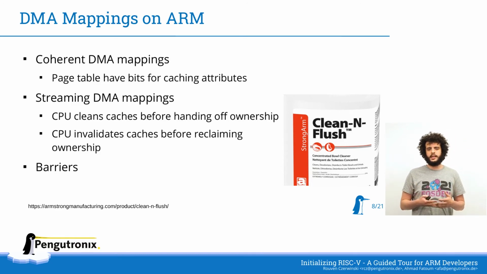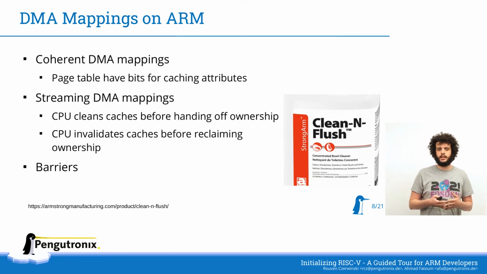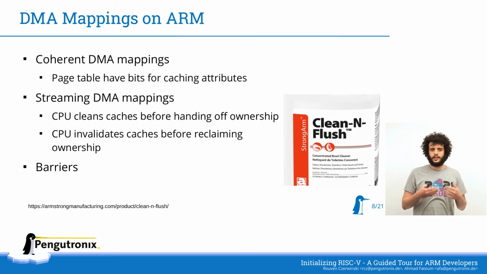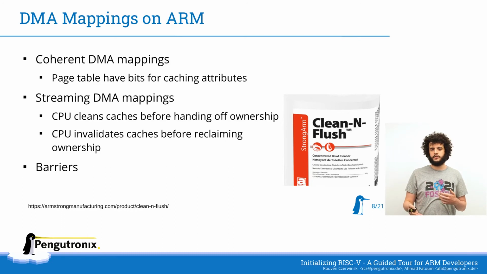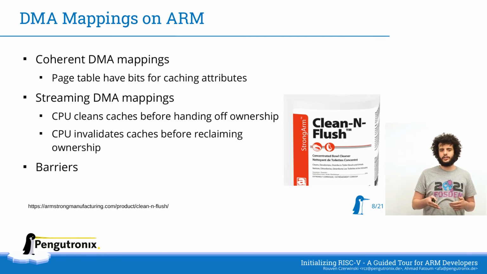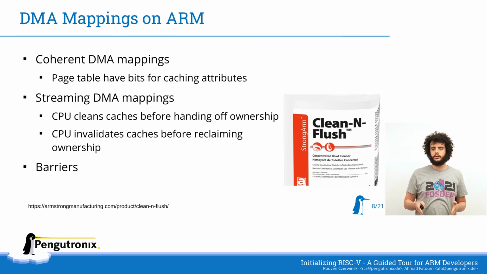Then you have streaming DMA mappings, and these you can implement using cache maintenance operations. So once the CPU is done with a memory buffer and it wants to pass it to the hardware, hand off the ownership, what does it do? It cleans its caches. So all data is flushed out to main memory. So when the device accesses main memory, it will find the data the CPU meant to send to it.